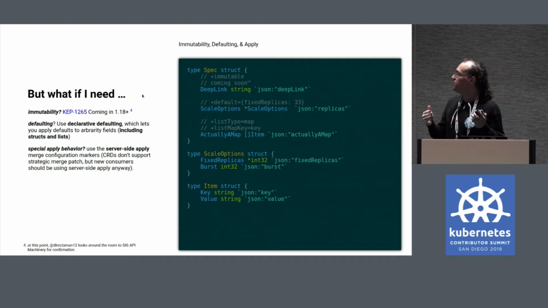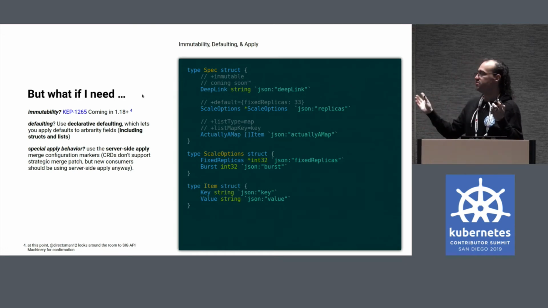We can also specify complex behavior around merging. So if we need to say this list is actually a map, which is a common thing we do in Kubernetes, we can do that too.